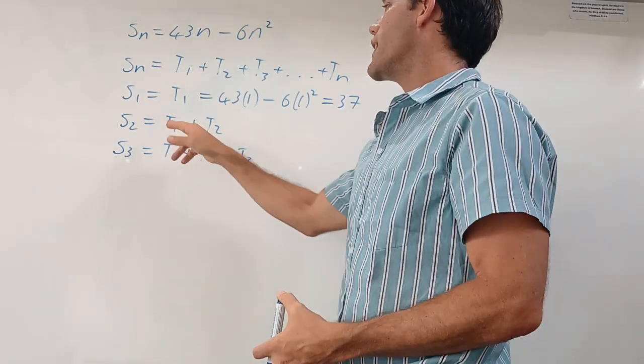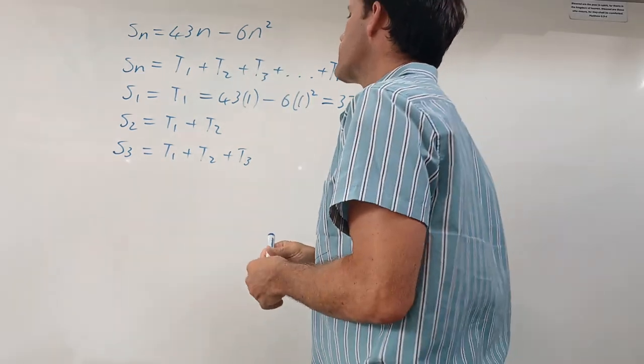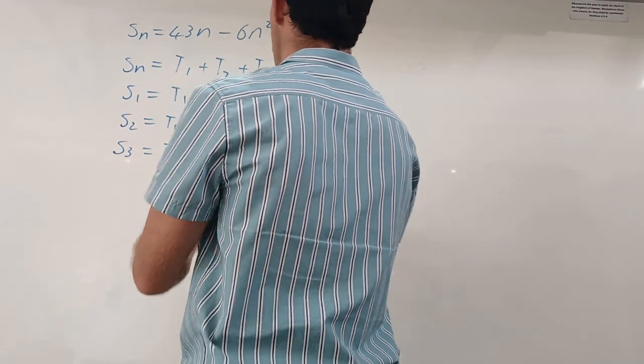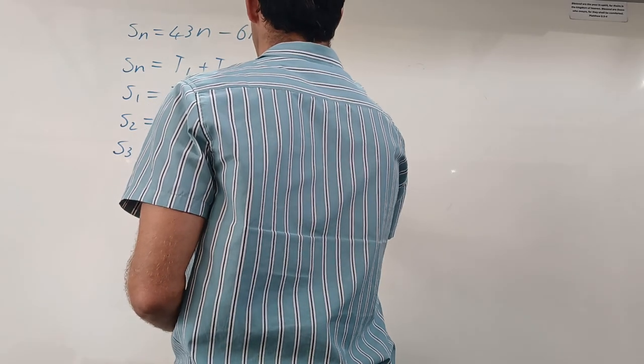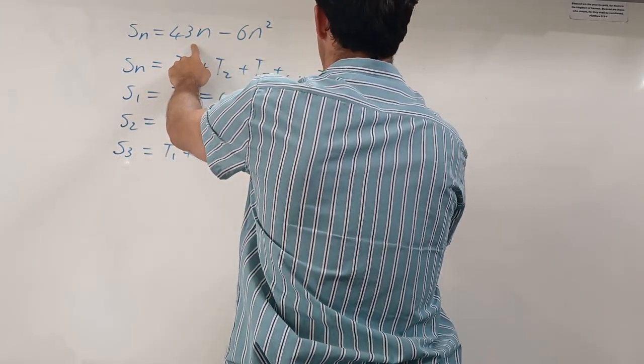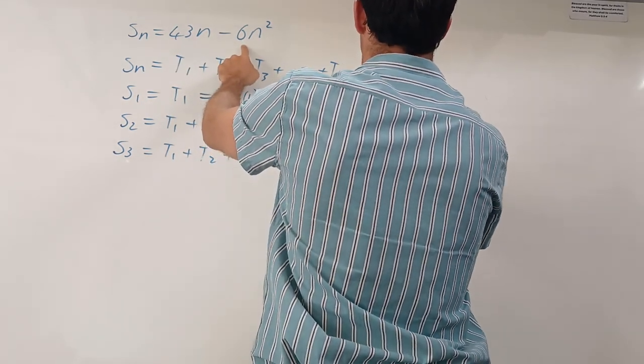Now if I want to find S2, obviously I'm going to put 2 in here. So we can say if S2 is term 1 plus term 2, I can therefore say that S2 is 43 times 2 minus 6 times 2 squared.